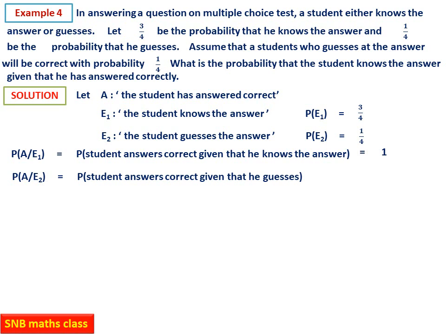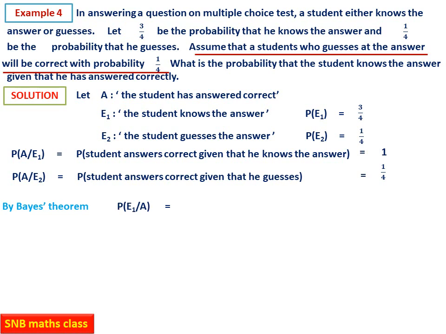Second one, probability the student answers correct given that he guesses, but that is given. You see here it is 1 by 4. Assume that the student who guesses at the answer will be correct with probability 1 by 4. So this is 1 by 4. So one piece of information is not given, it is hidden. That is probability A given E1 is not actually given, but it is hidden.